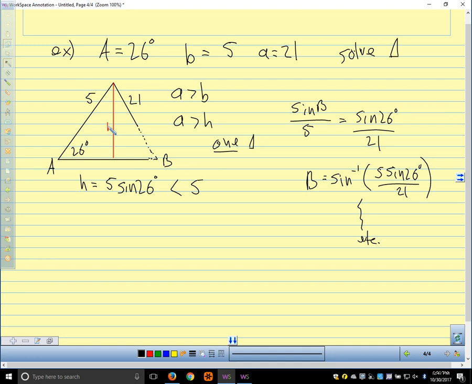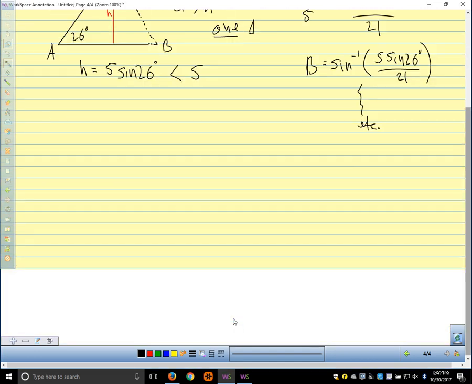All right, questions there? All right, let's look at another one. Angle B is 78 degrees, side c is 12, and side b is 5.